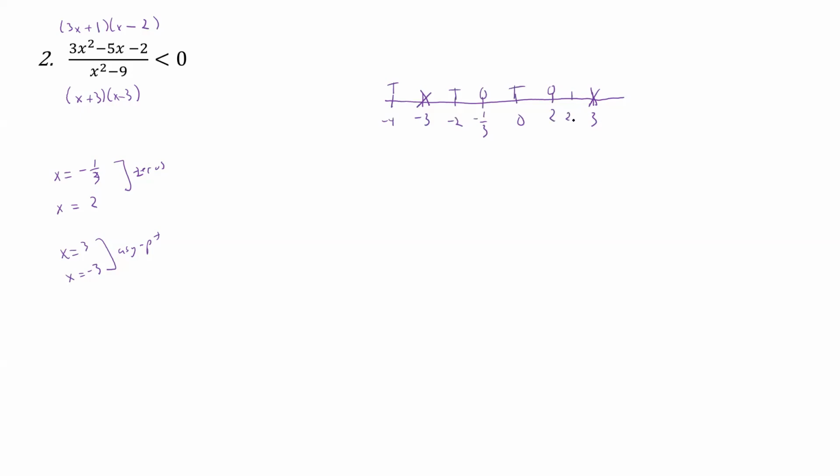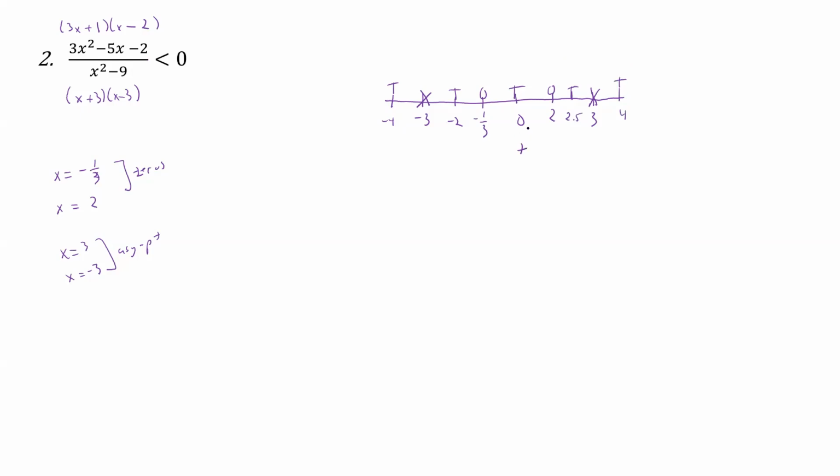Here we can do one at 2.5, and here we can do one at 4. Okay. So what we need to do is plug in all the values, and so if we plug in 0, that's the easiest. That's going to give us 2/9, and so that's going to be positive.